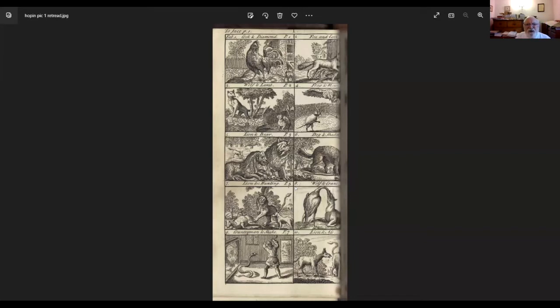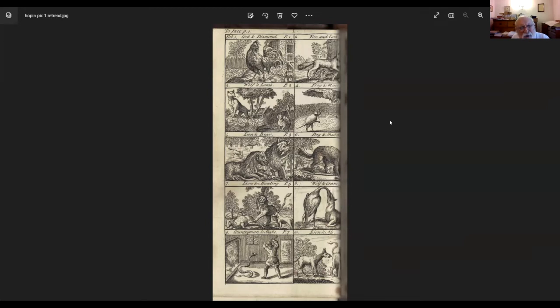Over to you, Brian. This is a single etched plate from a collection of Aesop's fables that was made by Samuel Richardson in 1740.